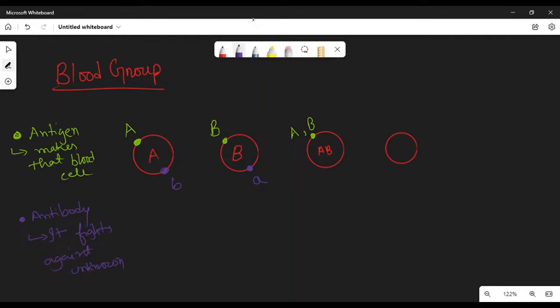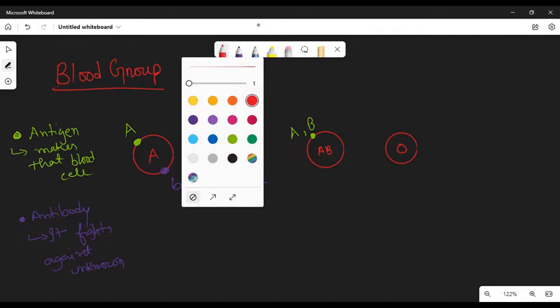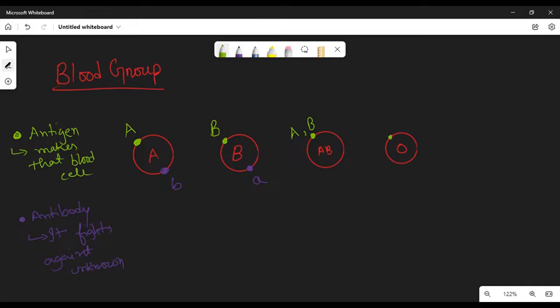And also there is another type of blood group, that is the zero blood group. The zero blood group has no antigen. It has no antigen, that's why it is called the zero blood group. Someone might say that famous word, O positive or O negative.